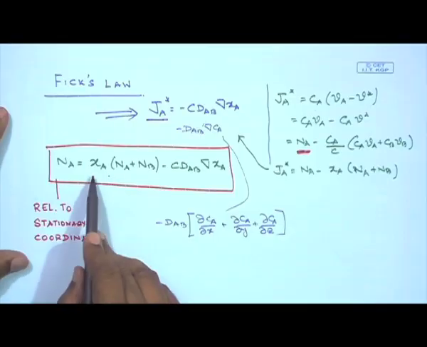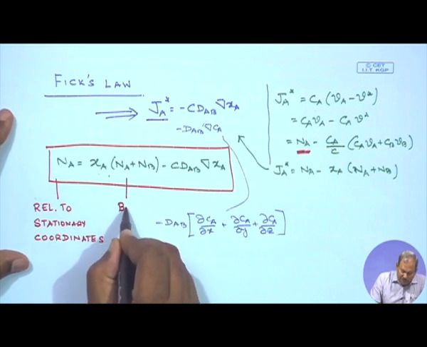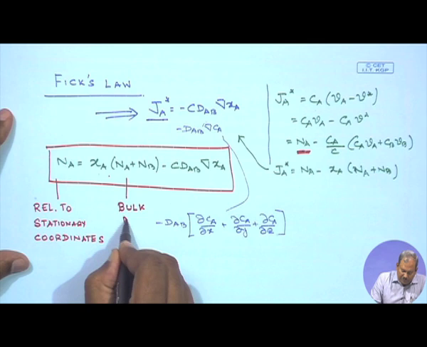There is no diffusion since the concentration is the same everywhere, but what you have is a bulk motion of the sugar molecules from point A to point B. So, this kind of bulk motion imposed by the flow only is the significance of the first term that we have here, which is xa times Na plus Nb. So, this is due to bulk motion.